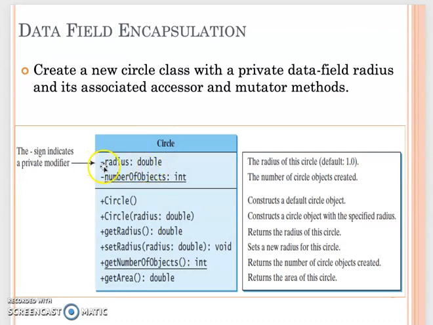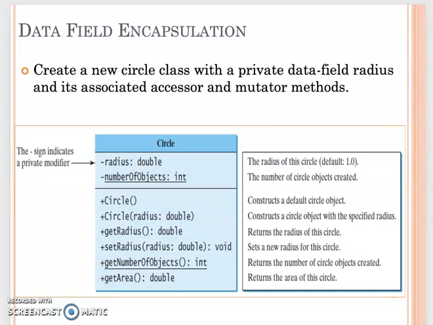So then we just add a negative sign. In the UML diagram, if an attribute or method has a negative sign, that means private. On the other hand, if the methods have a positive sign, that means they are public.